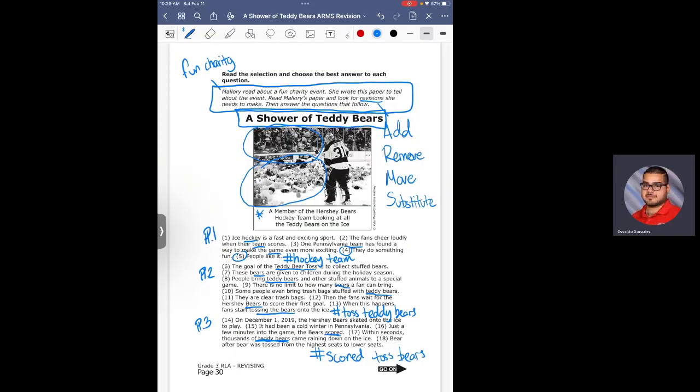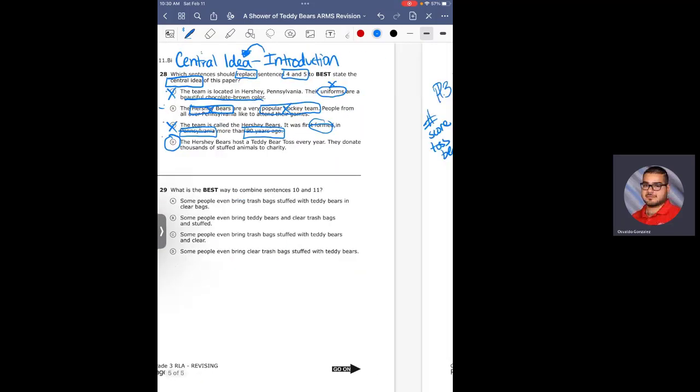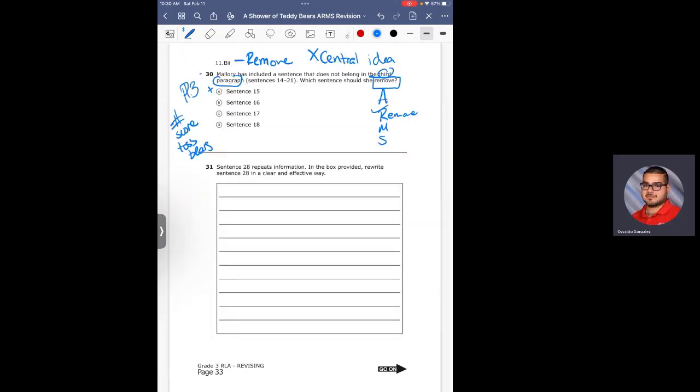Sentence 15 states, it had been a cold winter in Pennsylvania. That could possibly be the sentence that I might need to remove, because the weather has nothing to do with the scored bears toss and also a shower of teddy bears. So that might be my answer. But let's look at the next one. We've got to see which one would be the best one to remove.